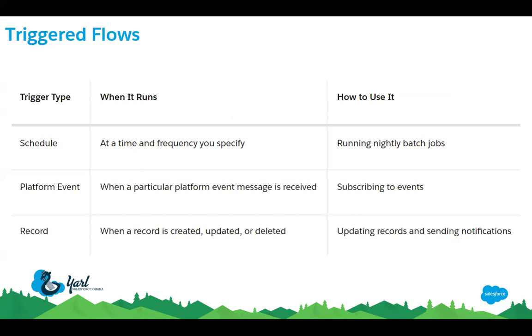Second, please ignore, we don't worry about that. Platform event, not up to us for the time being, it's very advanced. The third one is record triggered flow. That is another potential use case. So when a record is created, updated or deleted, you are triggering the flow. So this is the use case.